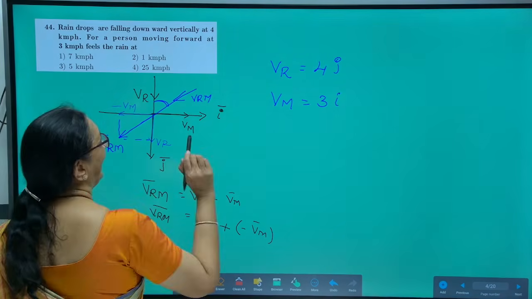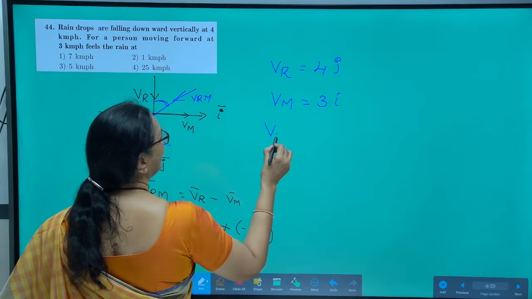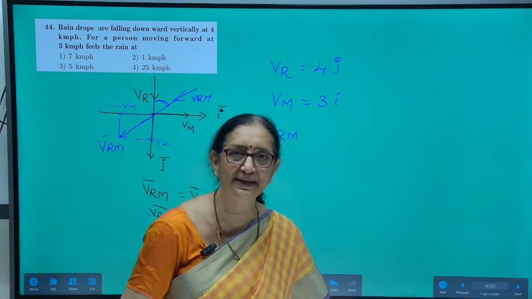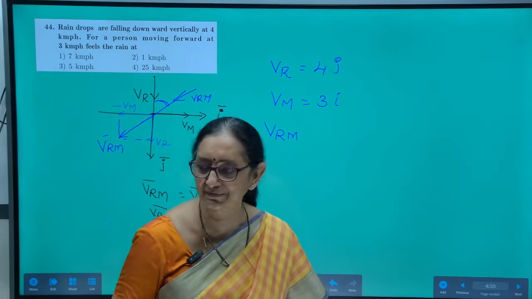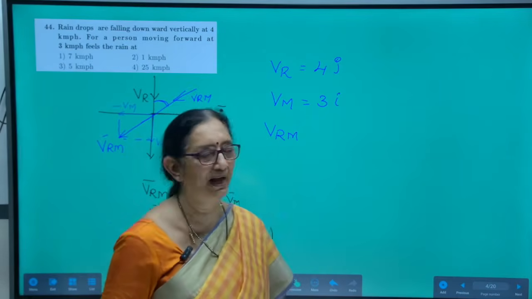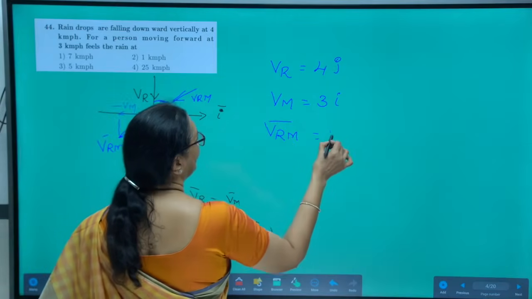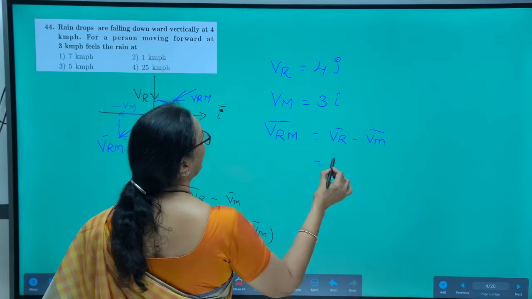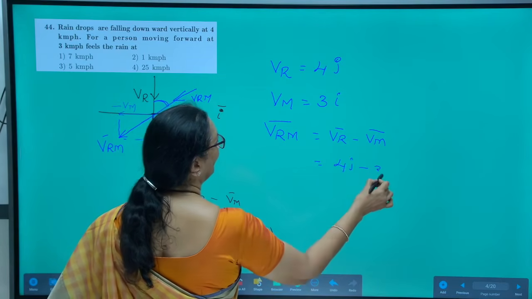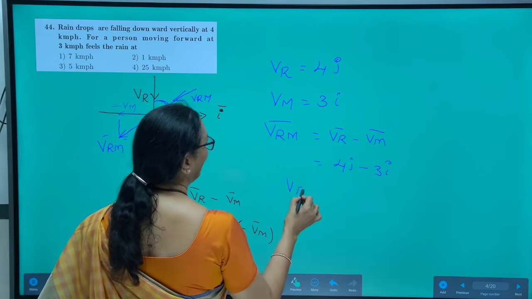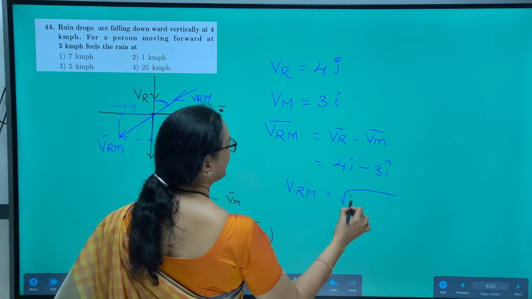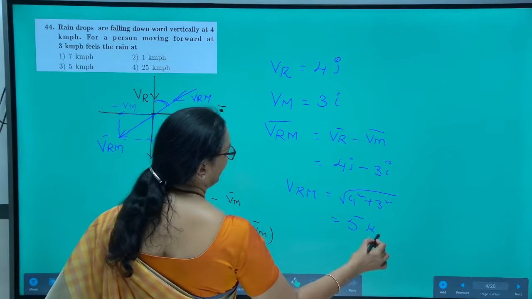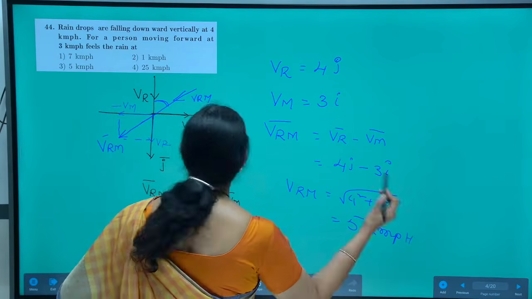Feels rain at, meaning, what is the velocity of the rain felt by the man? Felt by the man is nothing but the velocity of the rain with respect to the man. VRM is equal to VR bar minus VM bar, that is 4j bar minus 3i bar. Magnitude is root of 4 square plus 3 square. It is 5 kmph. That part is very simple.